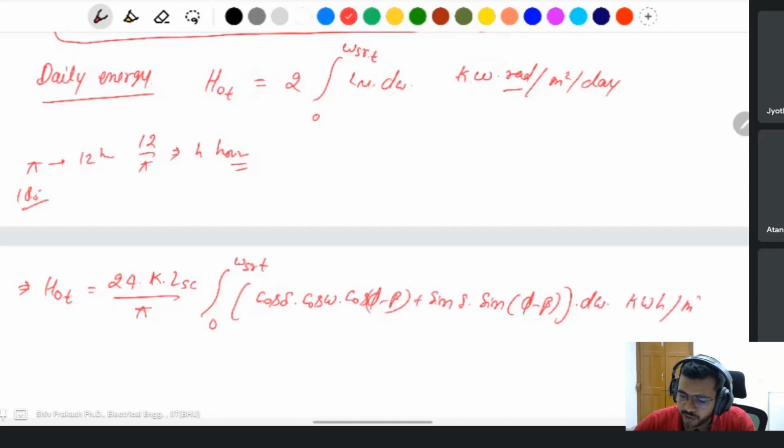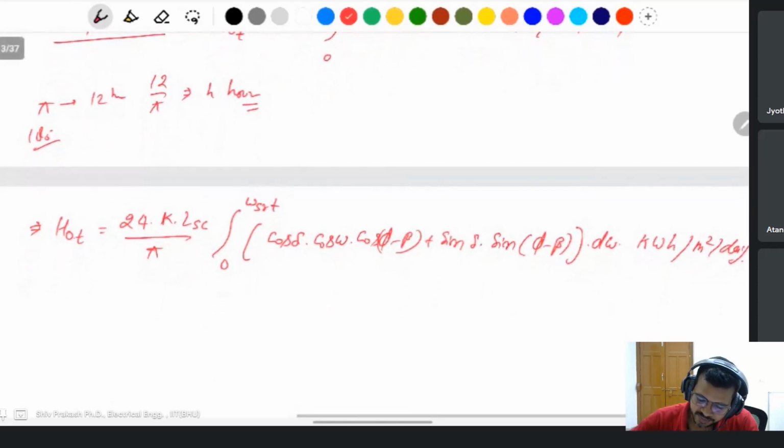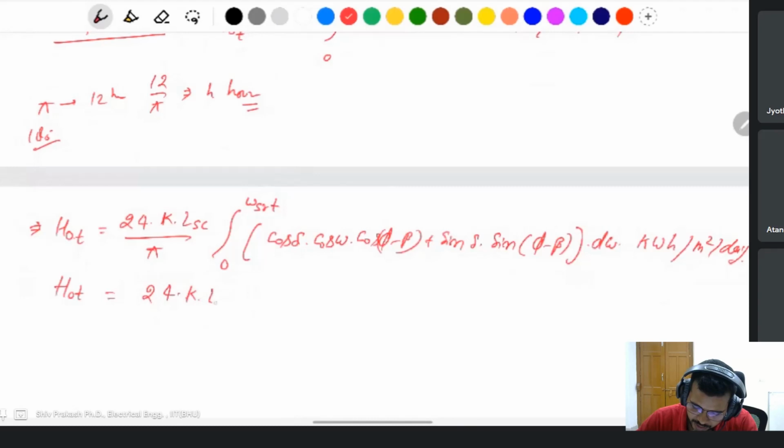Kilowatt per meter square per day, daily energy. You can integrate this one, we will find 24 K into Isc. K depends on the day of the year, which day.